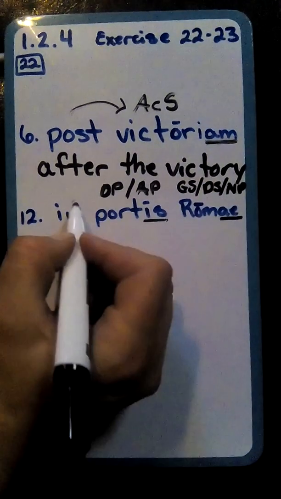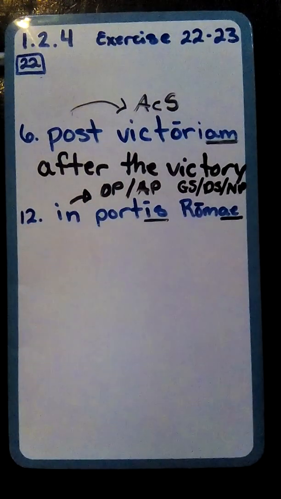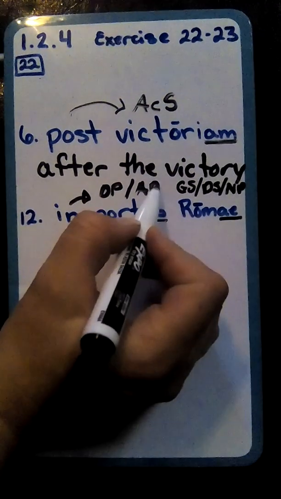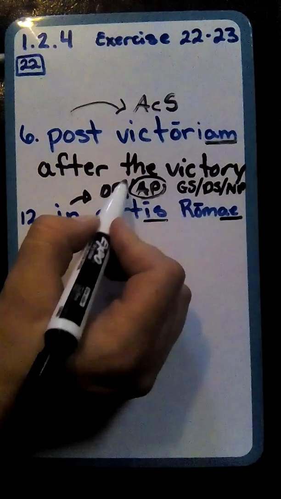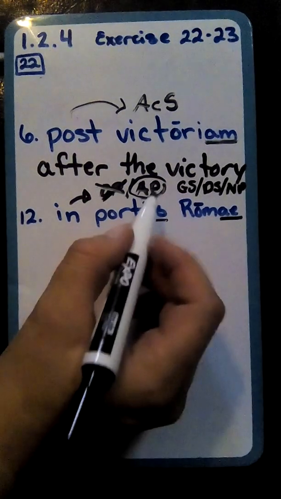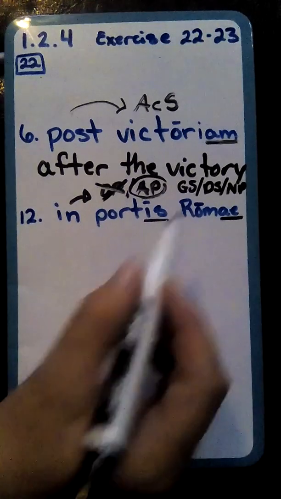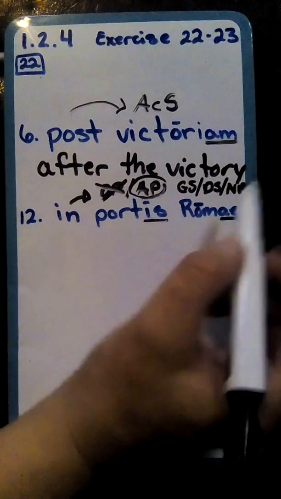Alright, so now let's do some deciphering. We know that in is going to affect the object of the preposition to be in the ablative case. So we find the ablative case right here. That would mean that this is not dative. So we have in the gates, because this is plural, the gates. And what does that leave for Rome?